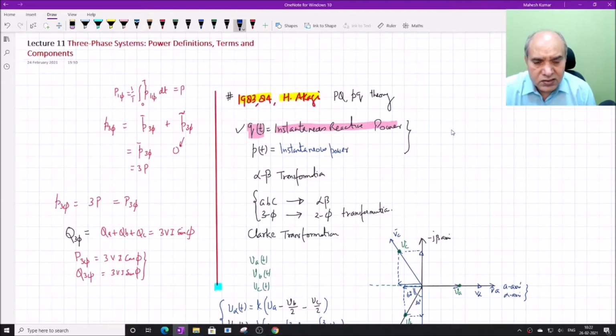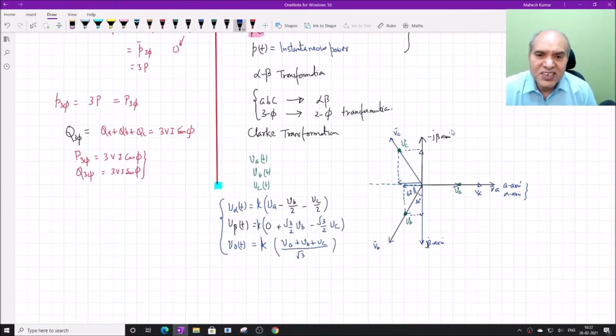This concept of instantaneous reactive power is defined through the alpha beta transformation. What is this transformation? It transforms ABC quantities into alpha beta, which are two mutually perpendicular axes.